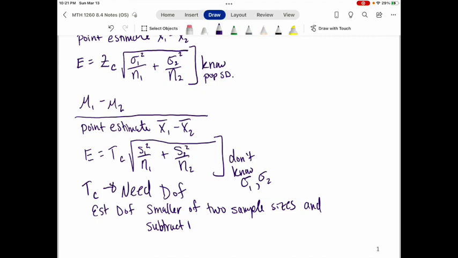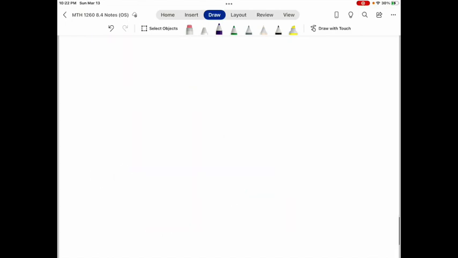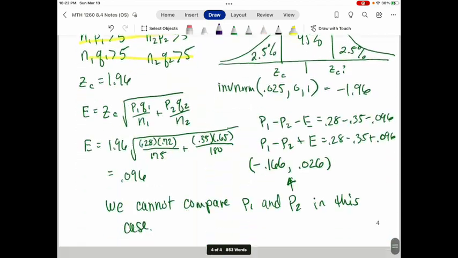Okay, so for example, if I had two sample sizes, one was 10 and one was 12, I look at the smaller of the two sample sizes, which is 10, and I subtract one, which would give me 9. So in the case that we're doing this by hand and you need to figure out the degrees of freedom, you can estimate it by using 9 in that example.